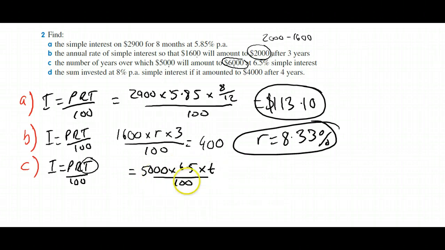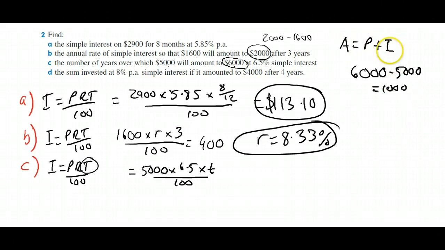It's all over 100. Now for I, the interest, it's going to be how much we've added on from the initial investment to get to this amount. So it's going to be 6,000 minus 5,000 equals 1,000. Okay, that's just coming from the total amount of the investment equals the principal plus the interest.